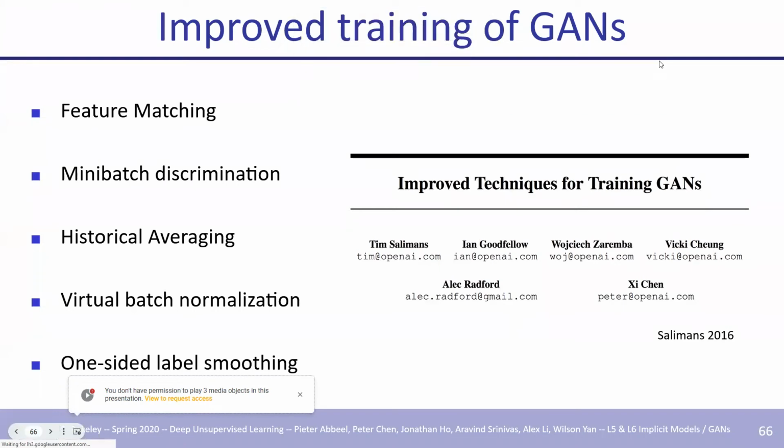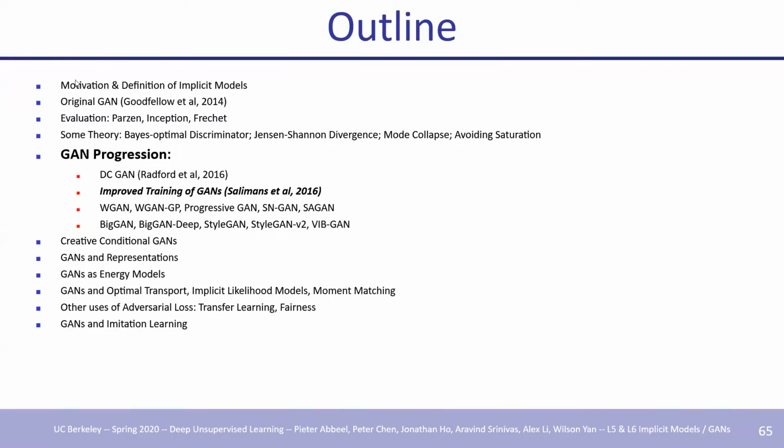Okay, so today we'll continue from last week with the second half of the implicit models lecture. So last time we looked at the motivation, the definition of the original GAN, and then we had some evaluation metrics, the Inception score and the Fréchet distance.